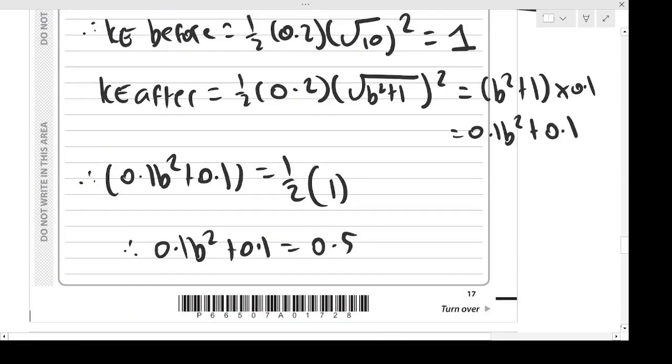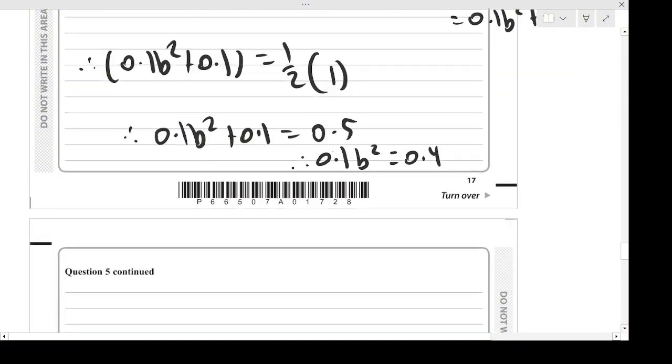So we solve for b, we're going to get 0.1b squared is 0.4. So therefore b squared, if we divide by 0.1, we get 4. So therefore b has to be plus or minus 2.